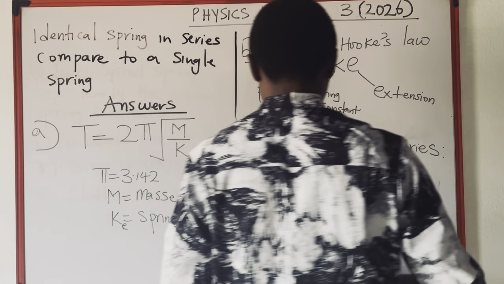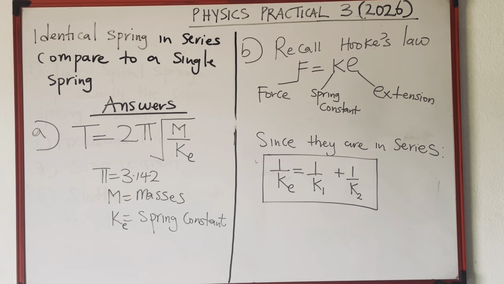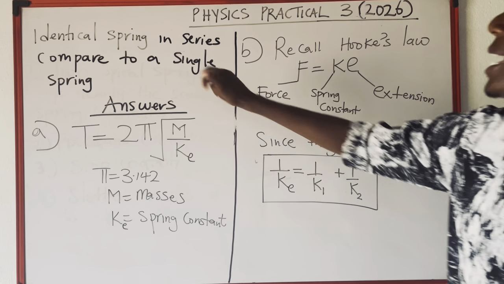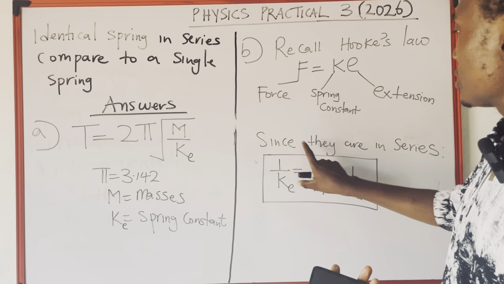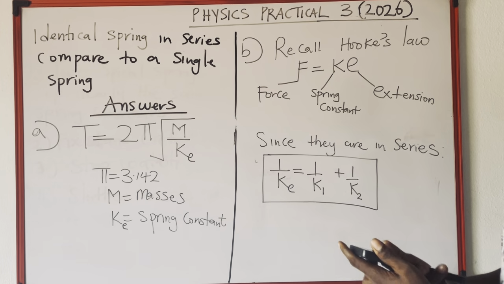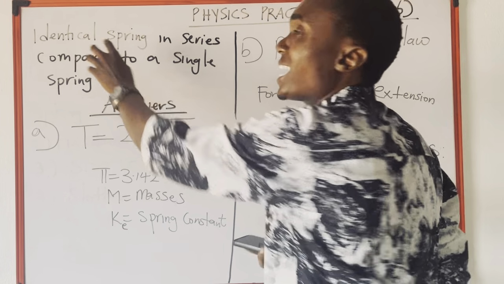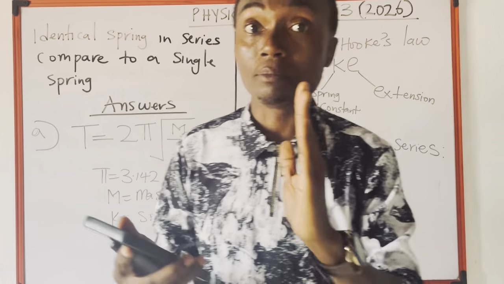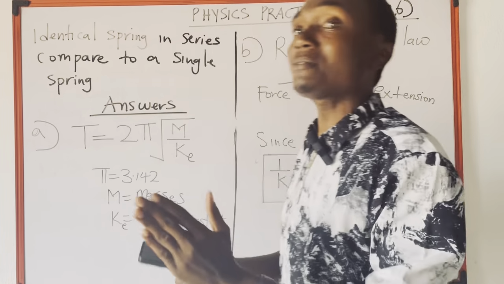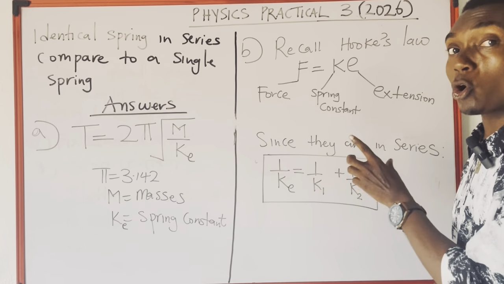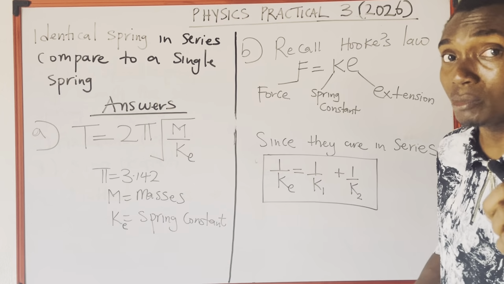Okay, so let's go. If you notice very well, since they are in series, this is what you use. But the question says identical springs. When it's identical, I mean they are the same, meaning they are going to have the same spring constant. Are you getting me?